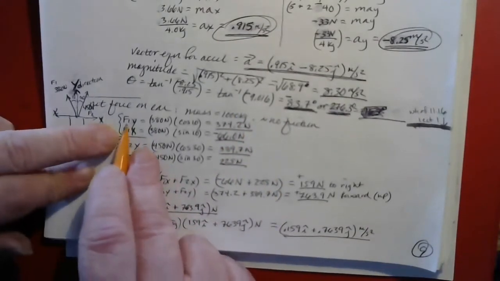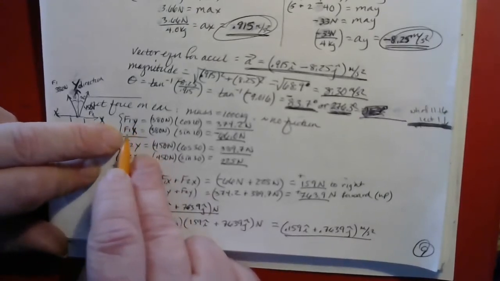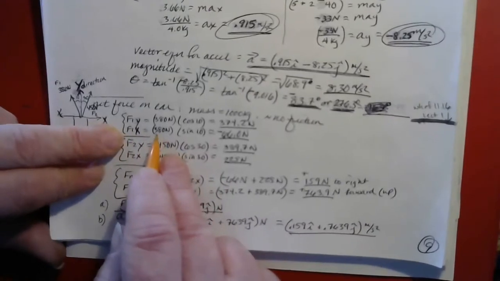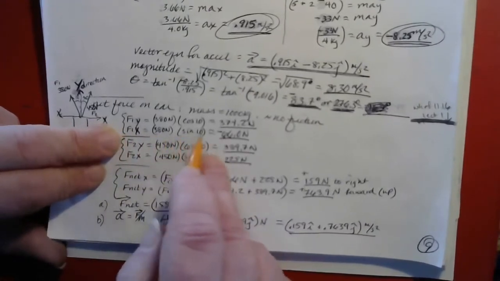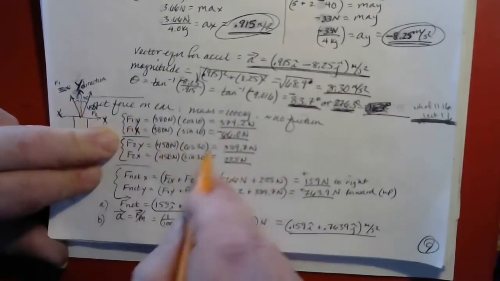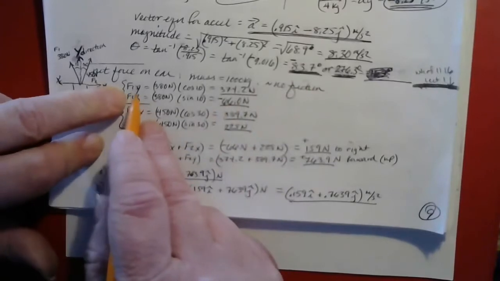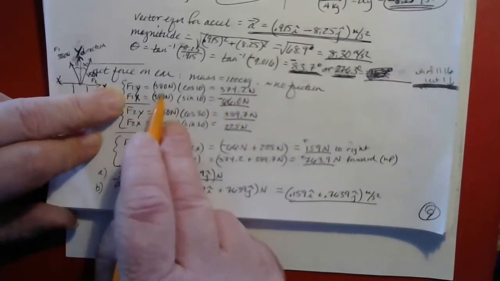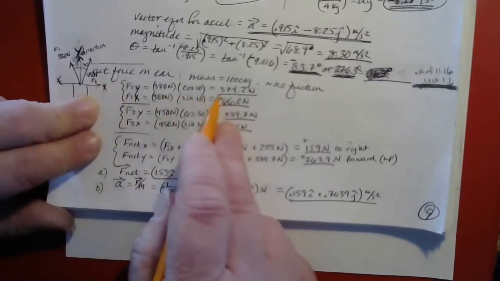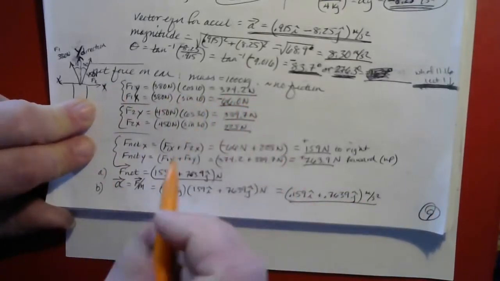I don't know why I did these out of order, but I did. The X component for F1 is going to be 380 times sine of 10 degrees, because that's the angle here. And that's going to be negative 66 newtons. And the Y component for F1 is going to be 380 times cosine of 10, which is 374.2 newtons.